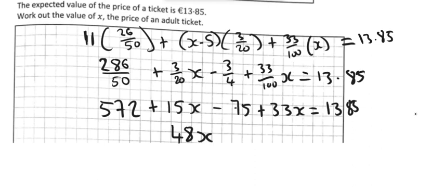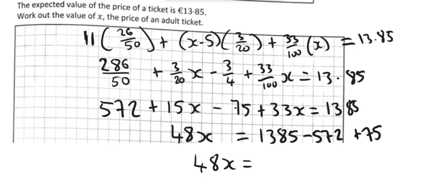X is equal to 1385 minus 572 plus 75. I think that's right. So you get 48x is equal to 888.